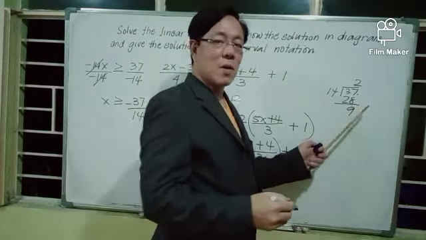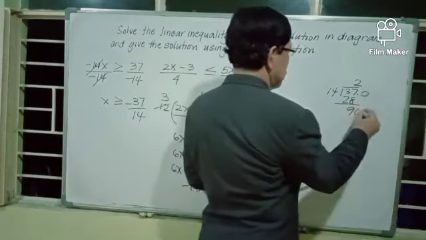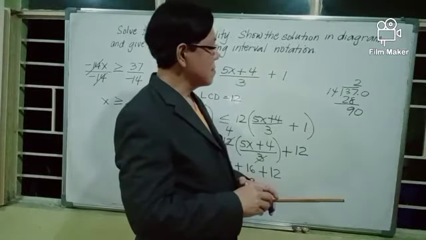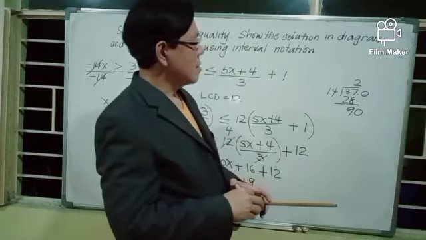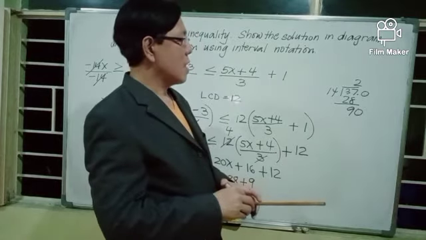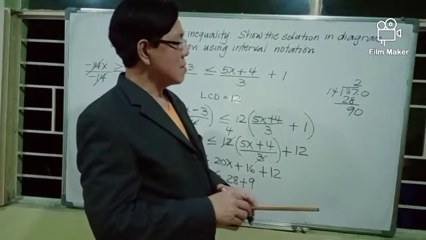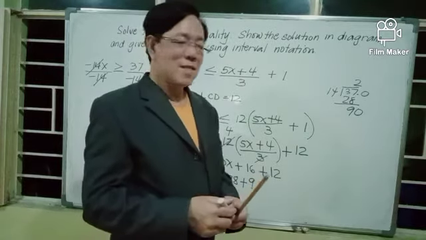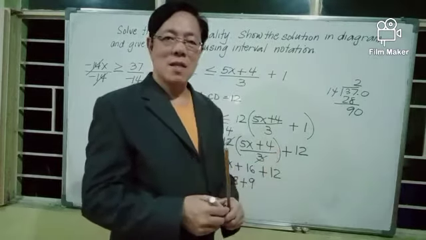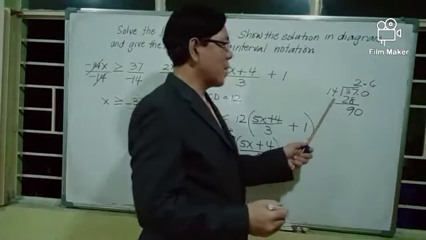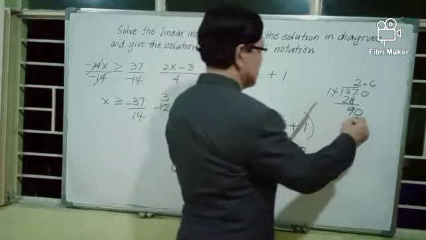And we add 0. 90 divided by 14 is 6. 6 multiplied by 4 is 24.